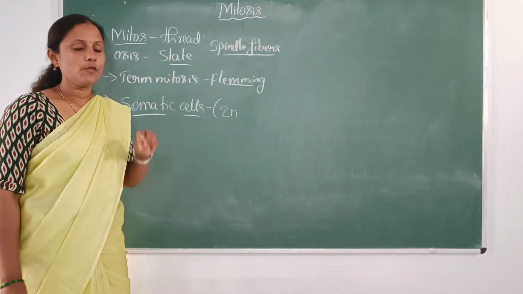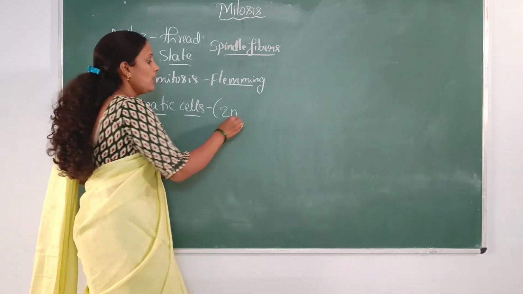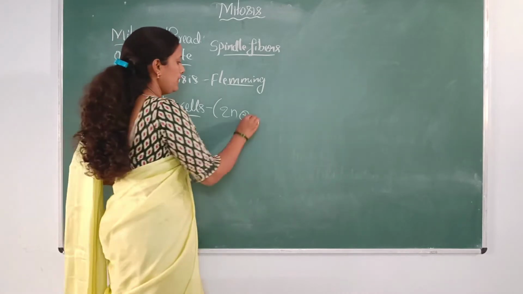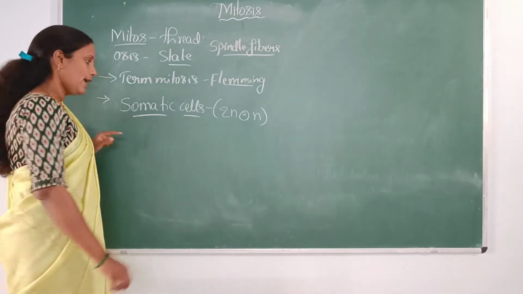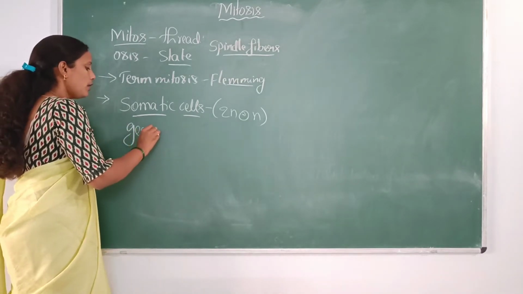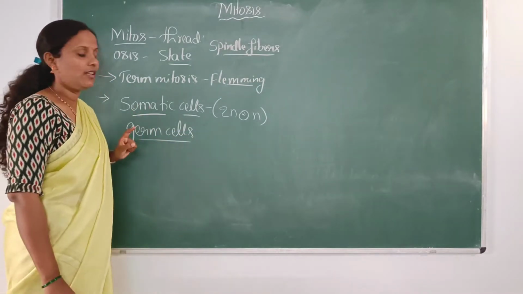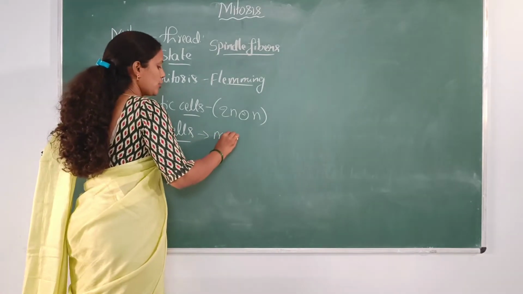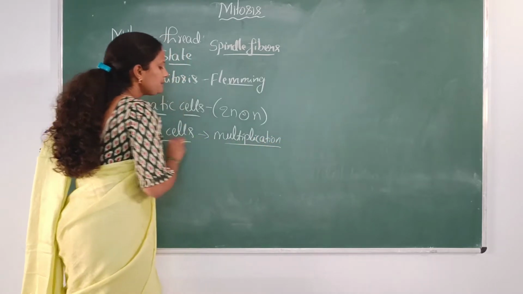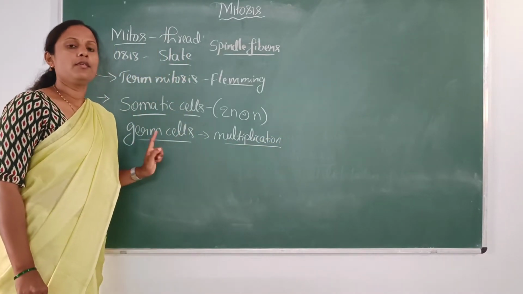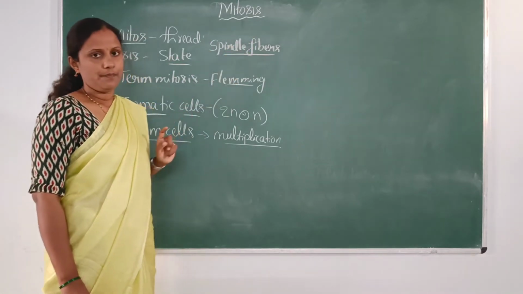And in some organisms, especially in case of plants which are exhibiting alternation of generation, the somatic cells also may be of the type n, that is the ploidy. And in case of plants, as I mentioned, the germ cells also undergo mitotic division for multiplication purpose. That means to increase the number of cells, the germ cells of the plants also undergo the mitotic cell division.